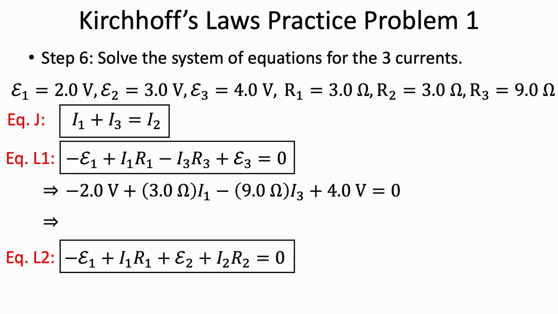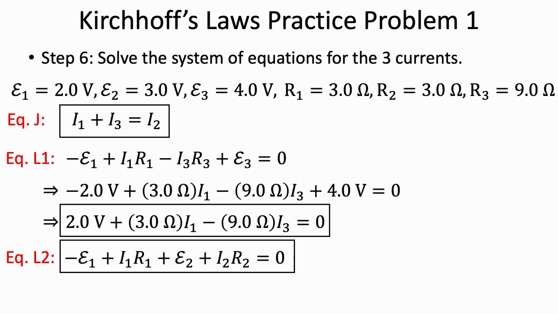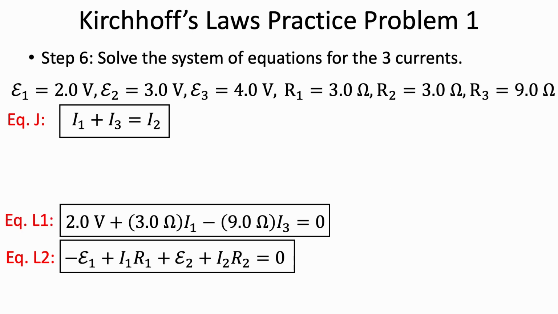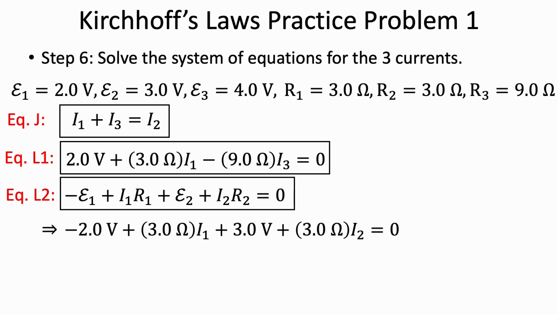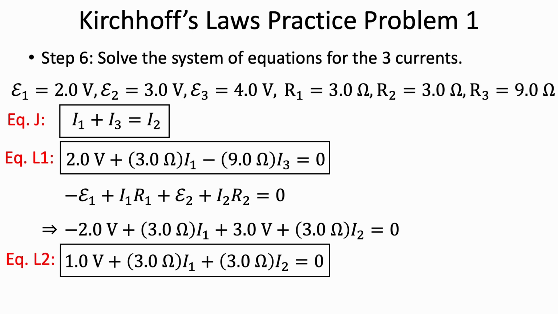We can simplify this by combining negative 2 volts with 4 volts to obtain this equation. This is now an updated version of equation L1. Similarly, plugging in the values for E1, E2, R1, and R2, L2 becomes this, which can be simplified to this equation. This is an updated equation L2.